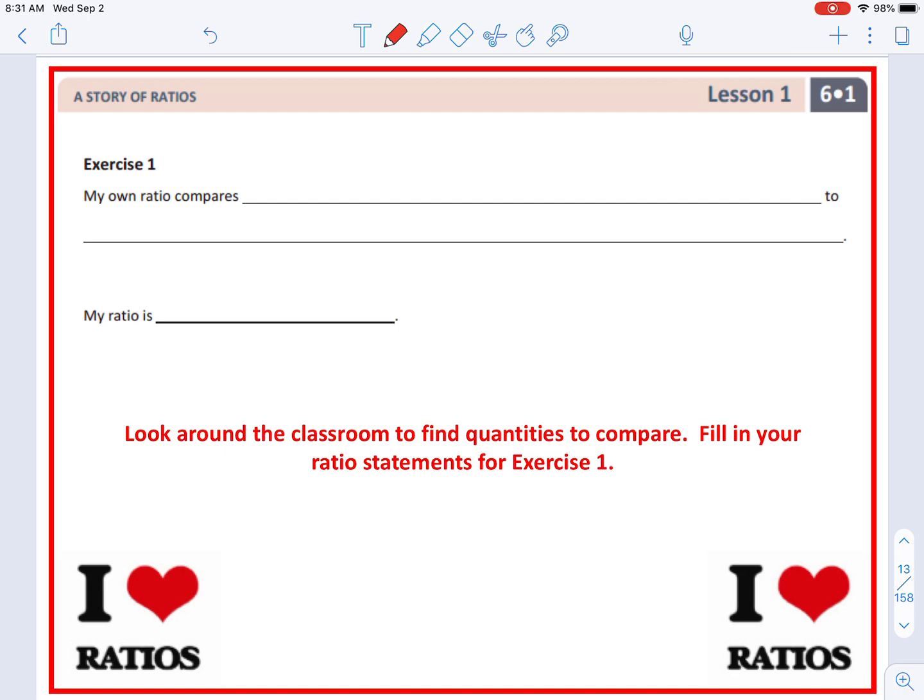All right, so you should have paused your video and you should have come up with your own comparison of 2 values. Okay, some of you could have said chairs to tables in your house. Say the ratio of chairs to tables is 6 to 1.